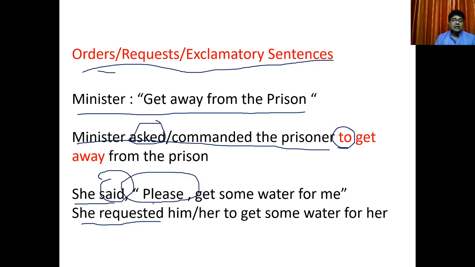"Please" is here, because please means requested, so we put it in the request. Hence, please remember, when we transform a sentence into indirect speech, we need to give the right sense and the complete sense. Sometimes certain words we may not be able to change, but we need to change the sense, what they mean.